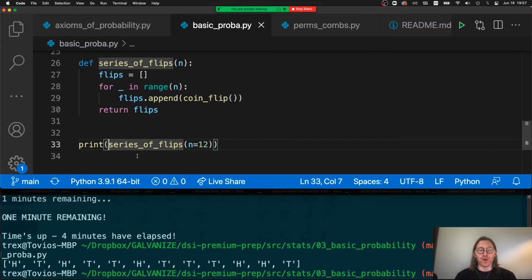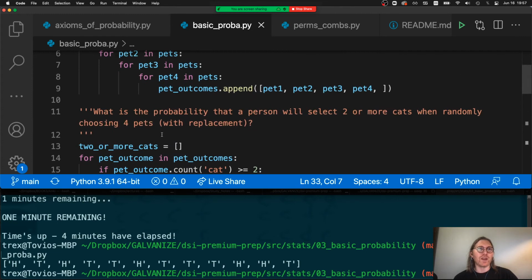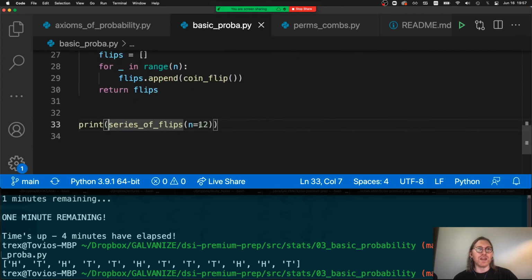Would it be exactly correct? No, not necessarily, unless we ran this enough times that we happen to get the correct probability. If we wanted to know the answer to such a question exactly, there are a couple ways we could do it. The way that we've learned how to do that up here is we could do 12 nested loops, right?